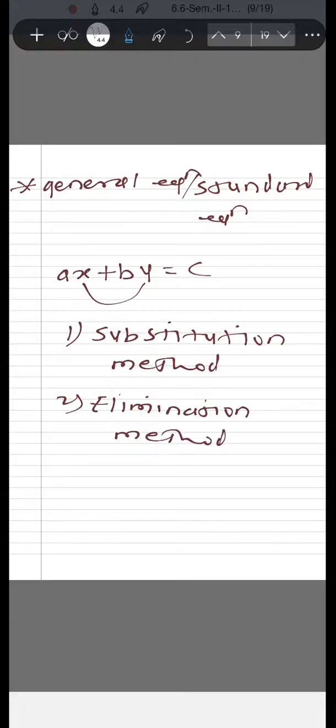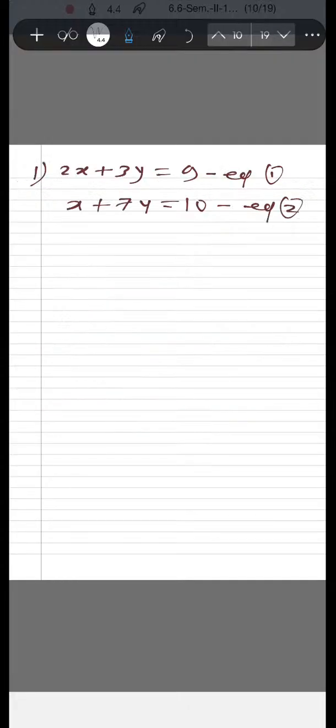A few more exist, but they are not part of our syllabus because they are too lengthy and of no use to us. These are the simplest and easiest two methods.